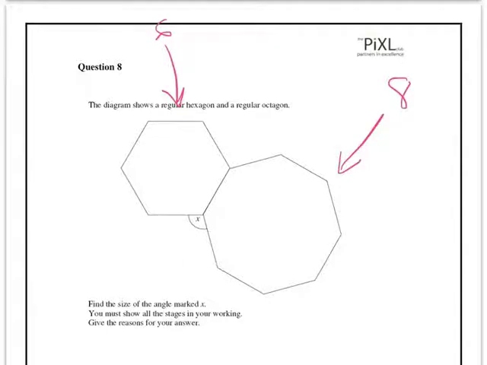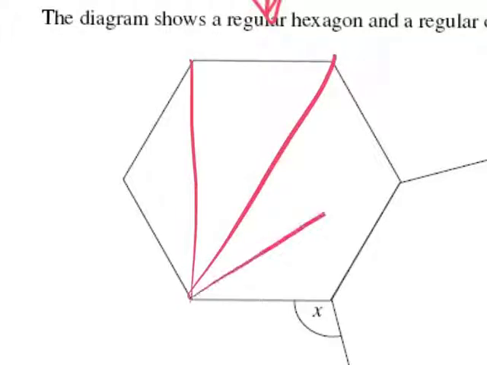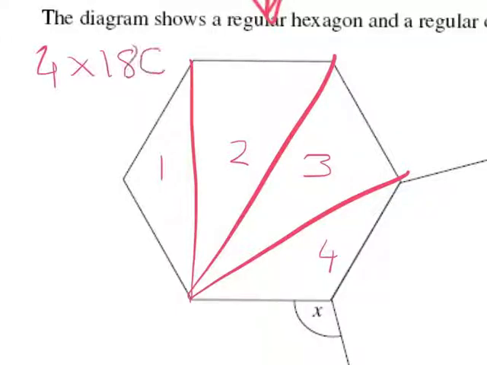So first of all, we're going to zoom in a little bit onto the hexagon. We're going to split this hexagon into 4 triangles. Those 4 triangles each have 180 degrees in them, as in the 3 corners of each triangle add up to 180. So 1, 2, 3, 4 triangles, we have 4 times 180, which is 720 degrees.